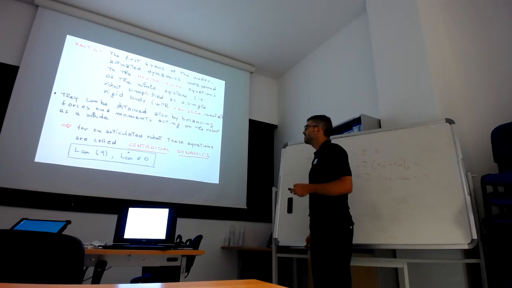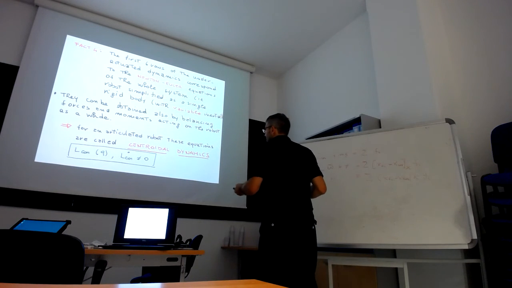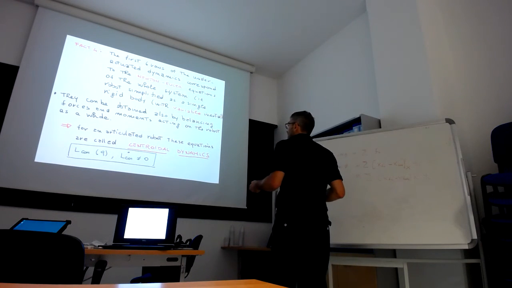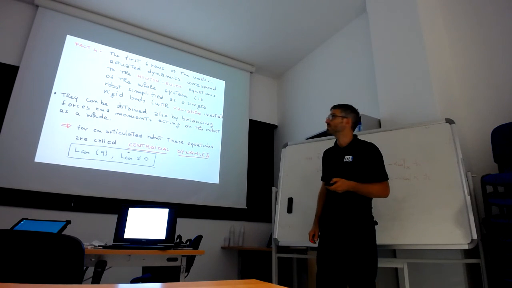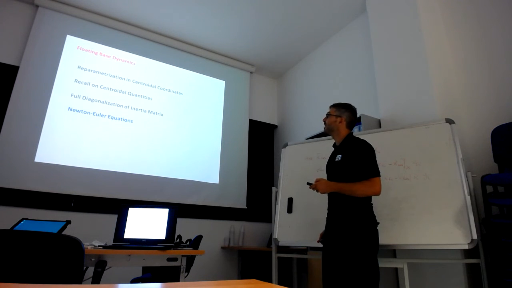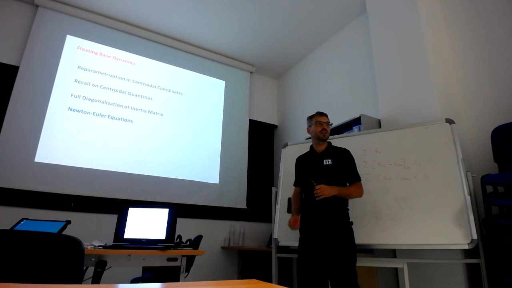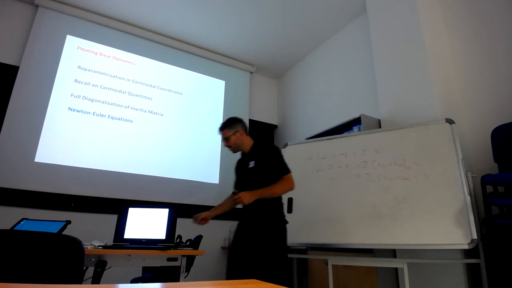This Lg is joint dependent, and its derivative in time is non-zero. Next lecture I will talk a little more about how to map the Newton-Euler equation in different frames, because there's a lot of confusion on this topic.